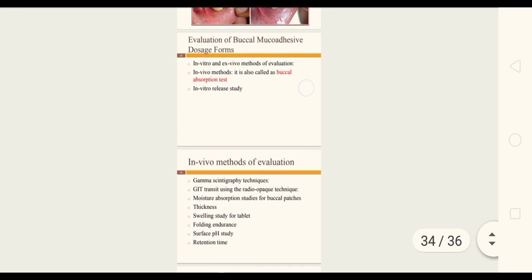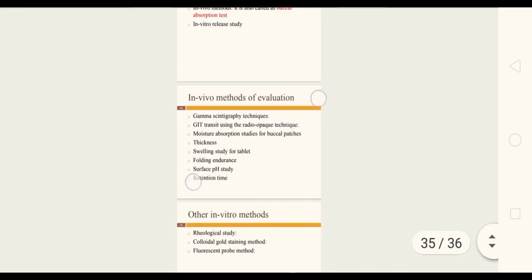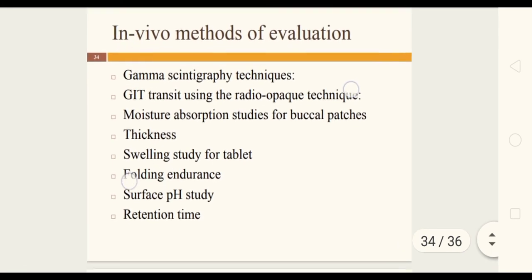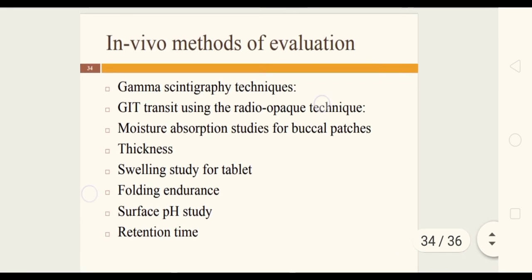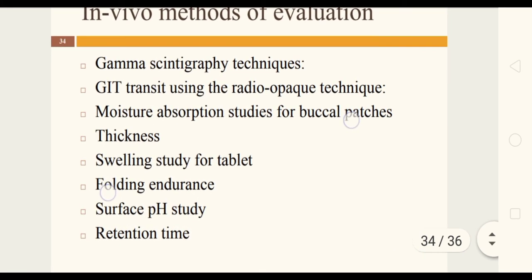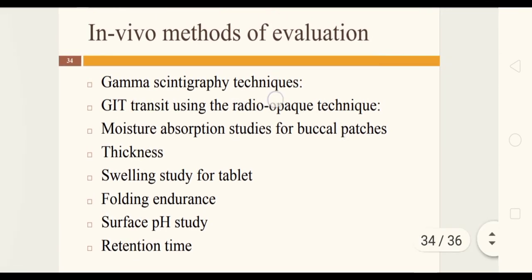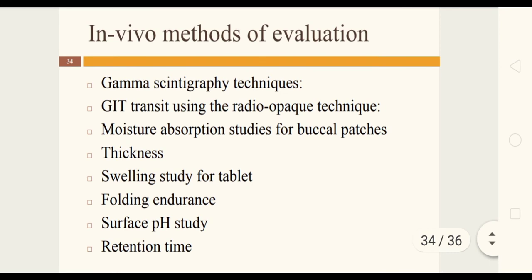In the in vivo methods of evaluation, we have gamma scintigraphy, GIT transit using the radio-opaque technique, moisture absorption studies for buccal patches, thickness, the swelling study for tablets, folding endurance for the plasticizers, the surface pH study, and the retention time. So these are the various in vivo methods of evaluation.